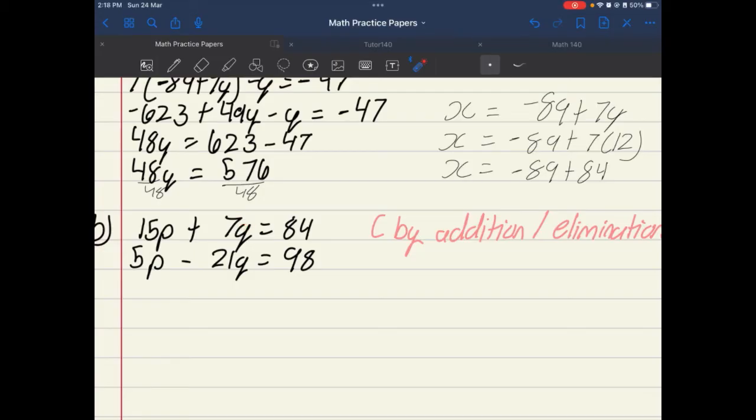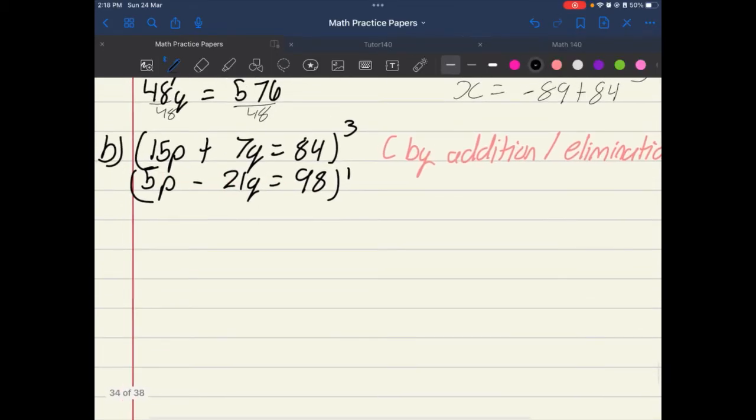So to do that, we have to multiply this entire equation by a number that makes 7 21. That number is 3, because 7 times 3 is 21. So we multiply this equation by 3, and we multiply this equation by 1, because we don't want to alter these values, okay? So we just multiply by 1. So 15 times 3 is 45p plus 21q is equal to 84 times 3 is 252.